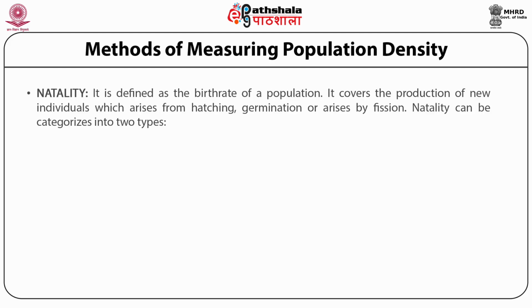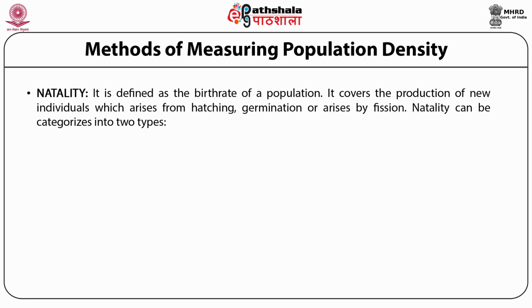Second is natality. Natality can be defined as the birth rate of a population. In general, natality covers the production of new individuals which arises from hatching, germination, or fission. There are different types of natality, and generally it can be categorized into two types.